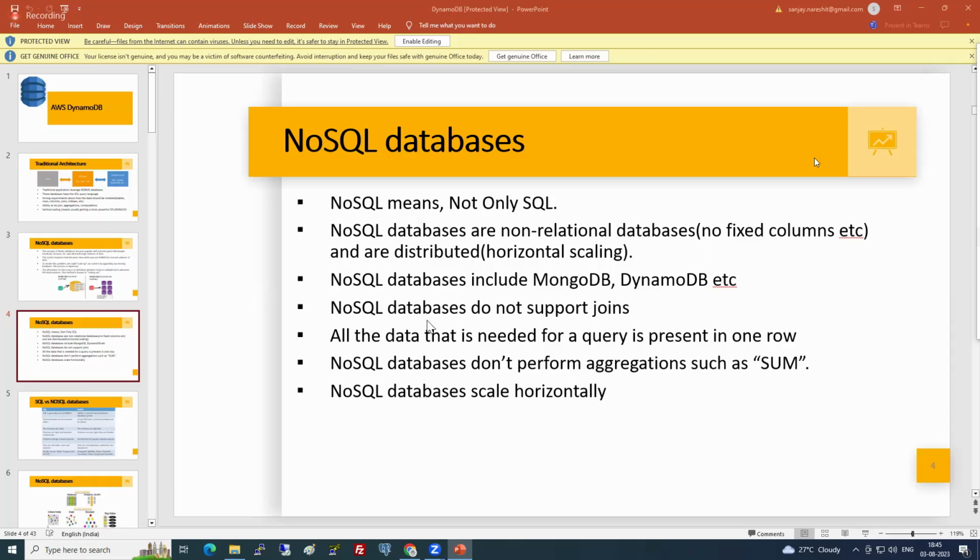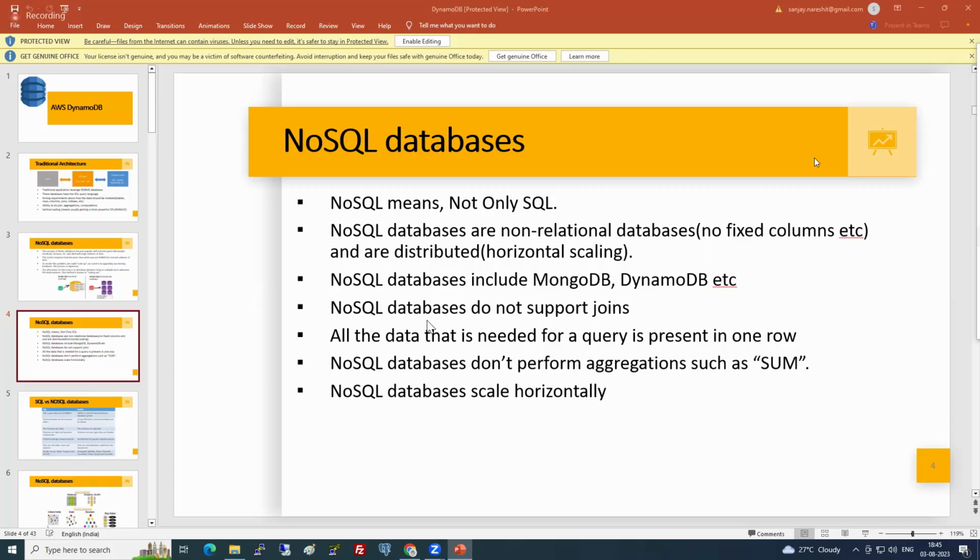Is Postgres RDBMS or NoSQL? It is RDBMS. But the thing here is that NoSQL databases don't support joins, very big queries and all. For example, you have an Excel sheet with so much data.